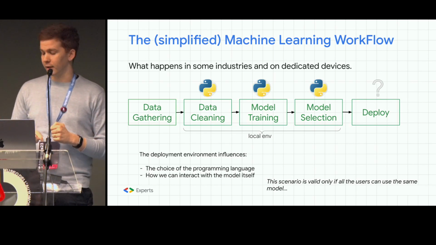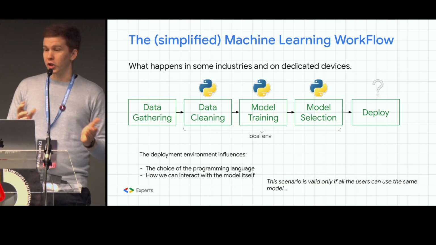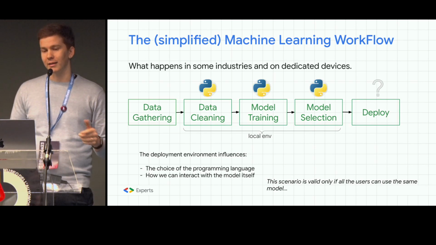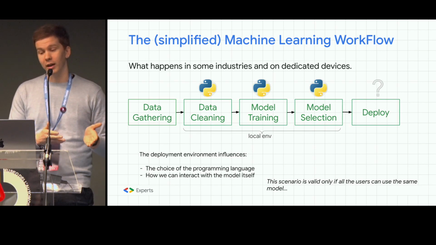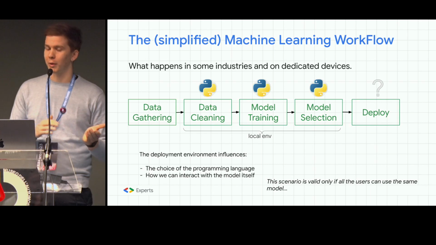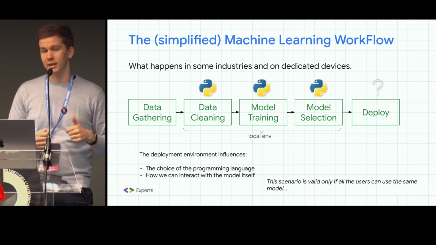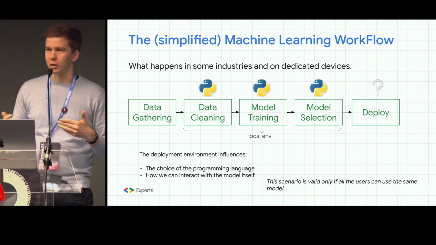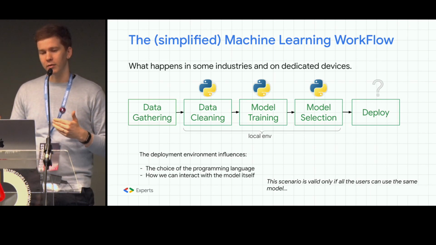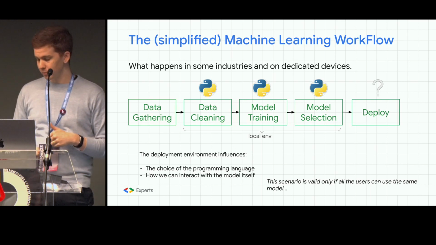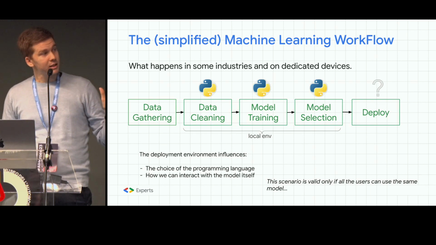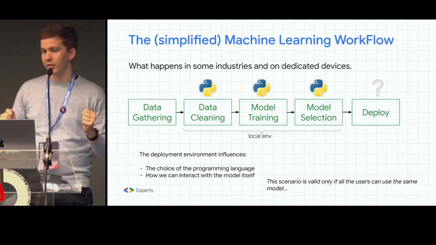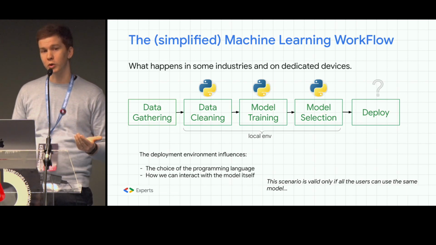Of course, depending on your target deployment, the technology may change. For instance, if you are targeting an embedded device, perhaps you cannot use Python, but you have to use something else, like deploying using C libraries. Or if you are developing on a web server, you need to deploy on the cloud. But this pipeline only works if we have multiple users that can use the same model.